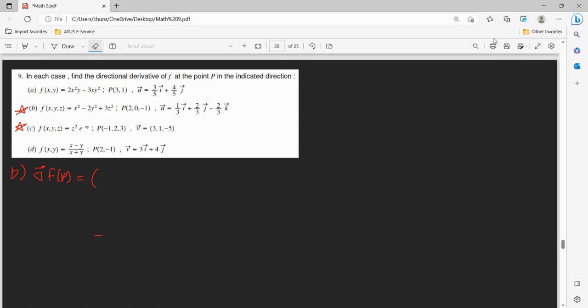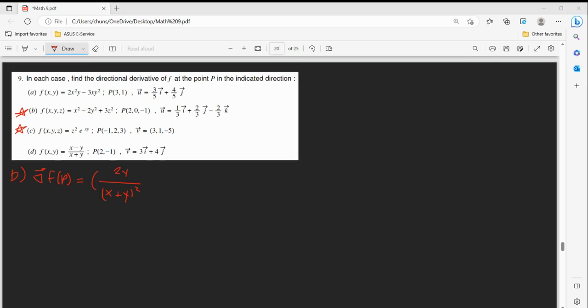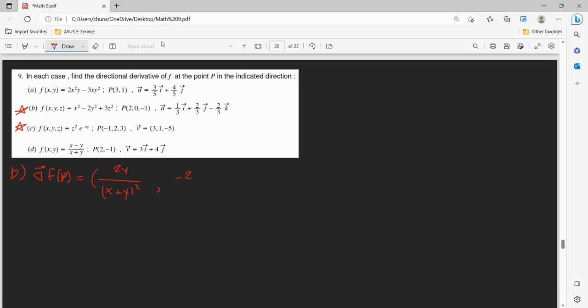So once we derive those, this is going to be 2y over x plus y squared. And this is going to be minus 2x over x plus y squared. Sorry, square should be on the outside. Okay, and this is going to be at point x equals 2, y equals negative 1.